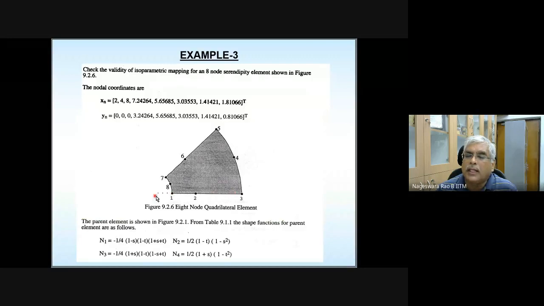Please note that the length of this edge is 2 to 8, so the length of this edge is 6. A quarter of that length is 6 divided by 4, which is 1.5. So node 2 should maintain at least a distance of 1.5 units away from node 3 or node 1.